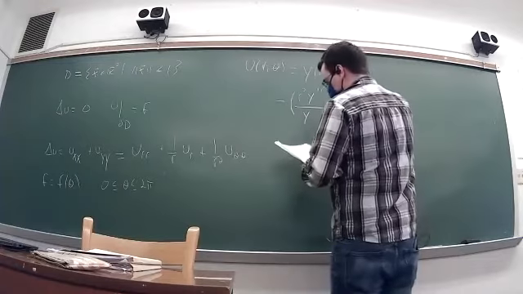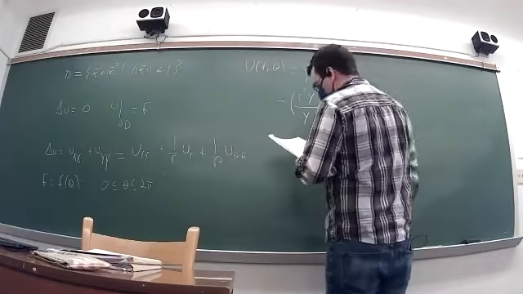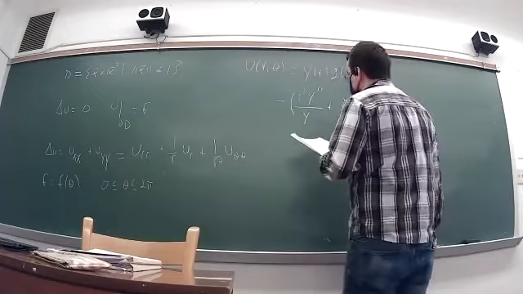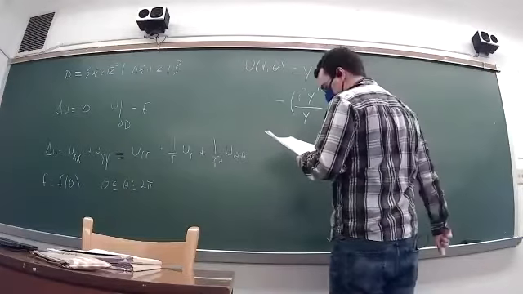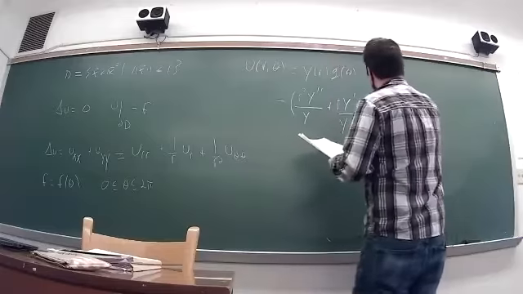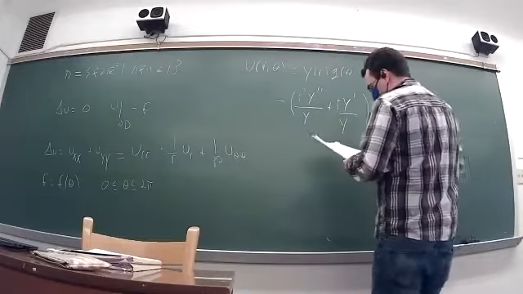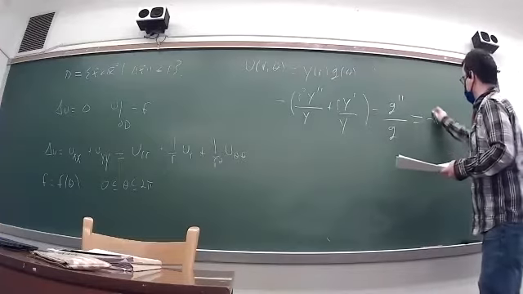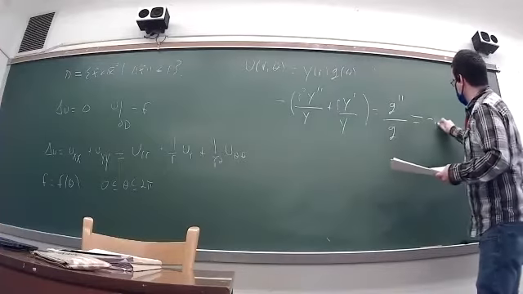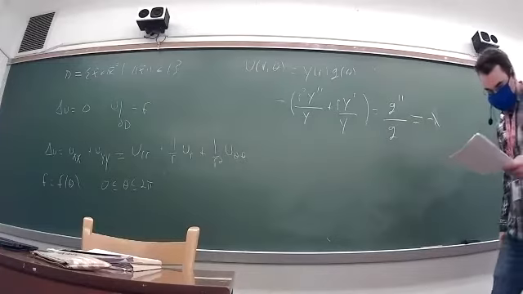And so what you're going to end up with is negative r squared y double prime over y plus y prime over y times r squared y double prime plus r times y prime over y equals g double prime over g. And therefore, they must both be equal to a separation constant given by lambda.